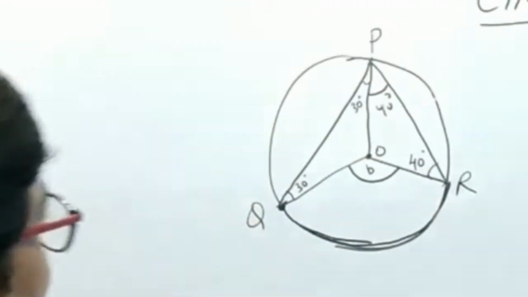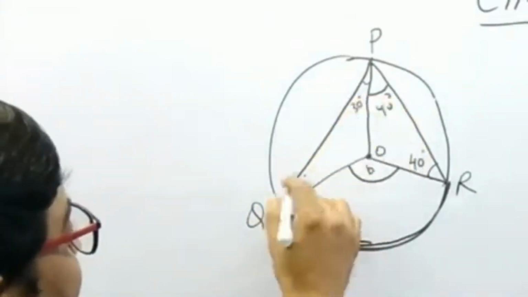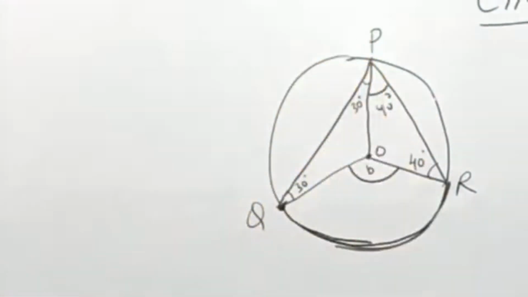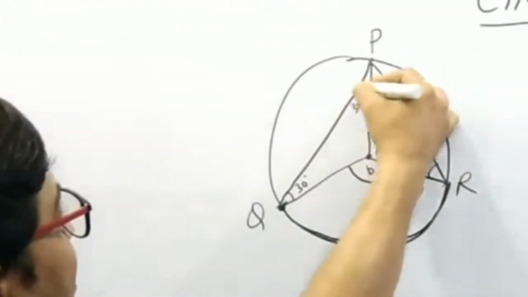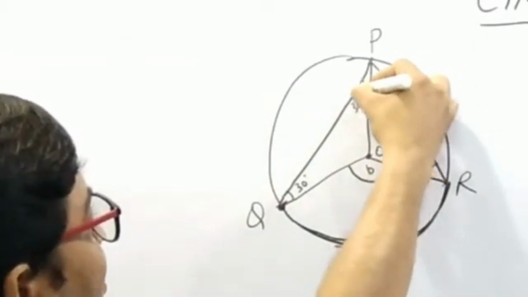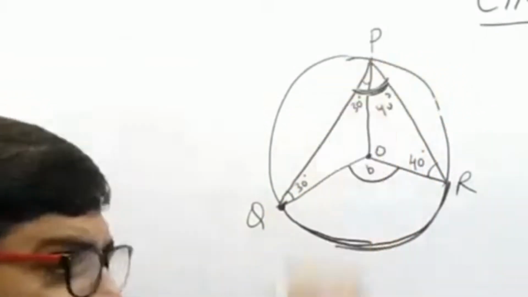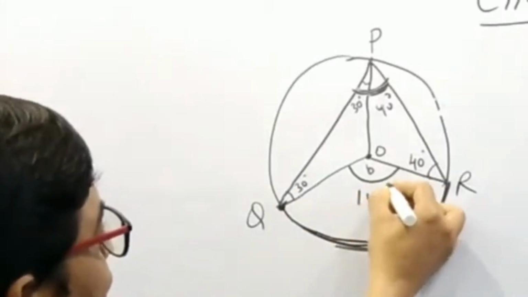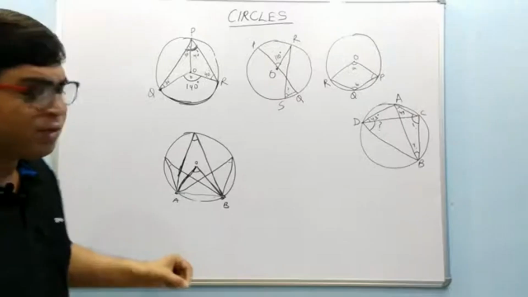Then we will apply the double relation. We will see carefully that this arc is making an angle QPR at the remaining part of the circle, and this is 70 degree. So once we know this, we can get this easily, because this is double of that: 140 degree.